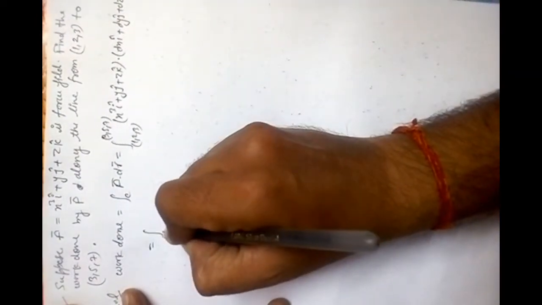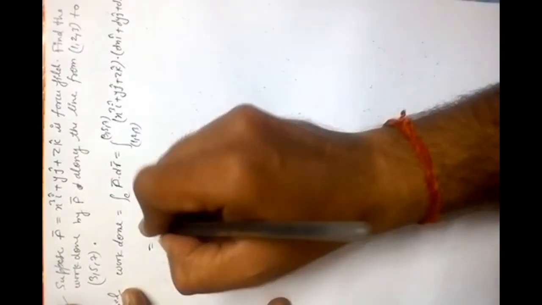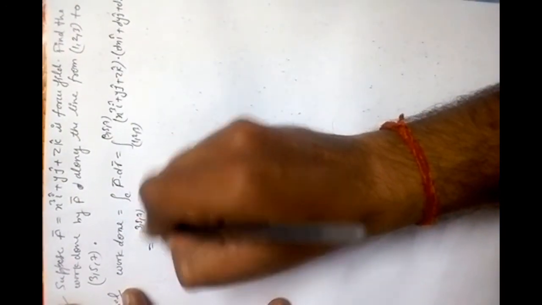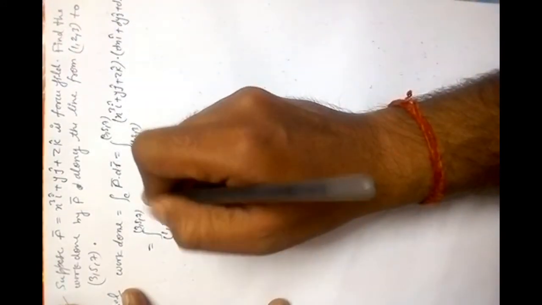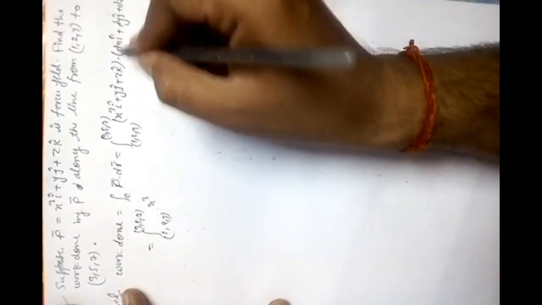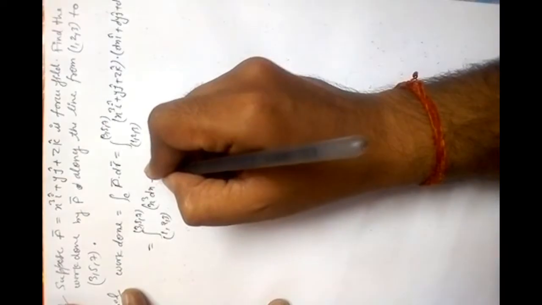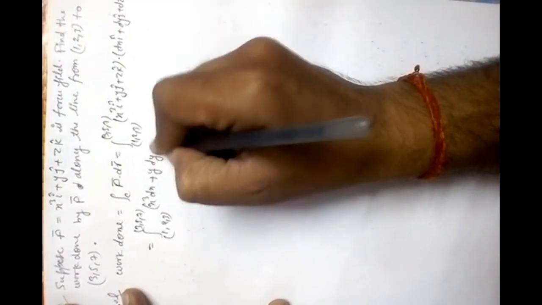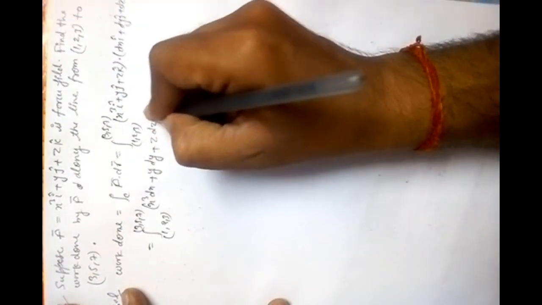Okay, so integral from 1, 2, 3 to 3, 5, 7, i dot i means x cube dx, plus j dot j means y dy, k dot k is 1, that means z dz.